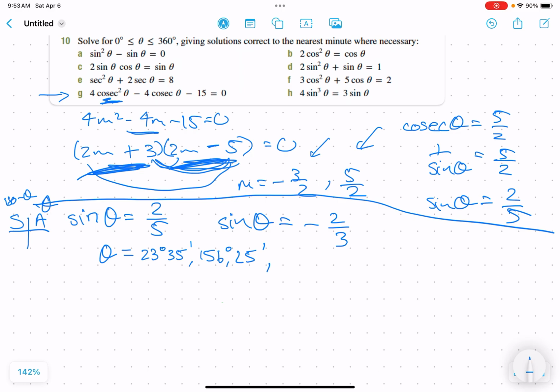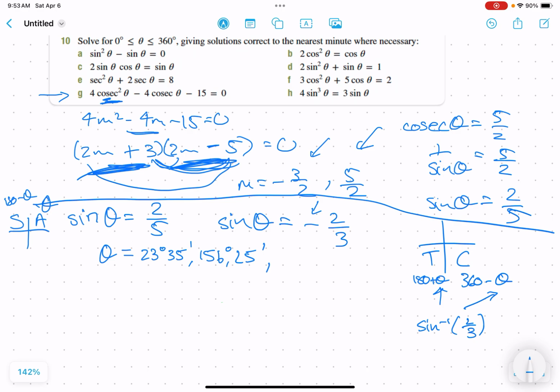So if I look at this second one, sine theta equals negative 2/3. All stations, 2 central. I'm looking at 180 plus theta and 360 minus theta for this theta. So I forget about the negative for a second. This theta that we're talking about is inverse sine of 2/3. So inverse sine of 2/3, and then add 180 or 360 take away inverse sine of 2/3.